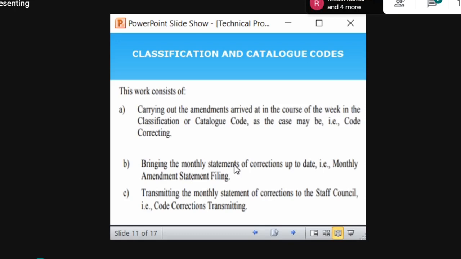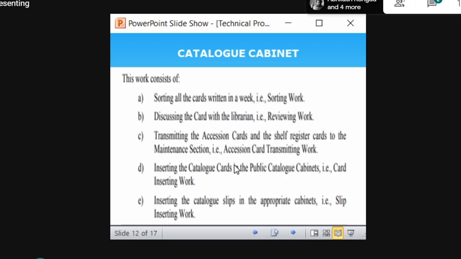We have to be up to date even in the catalog code. If you are using AACR2, and there is any revised edition or any new tool comes, we have to modify it. We have to change it. We should not be outdated. So this work consists of that only, right? They are updating according to the latest scheme or latest codes of classification and cataloging.